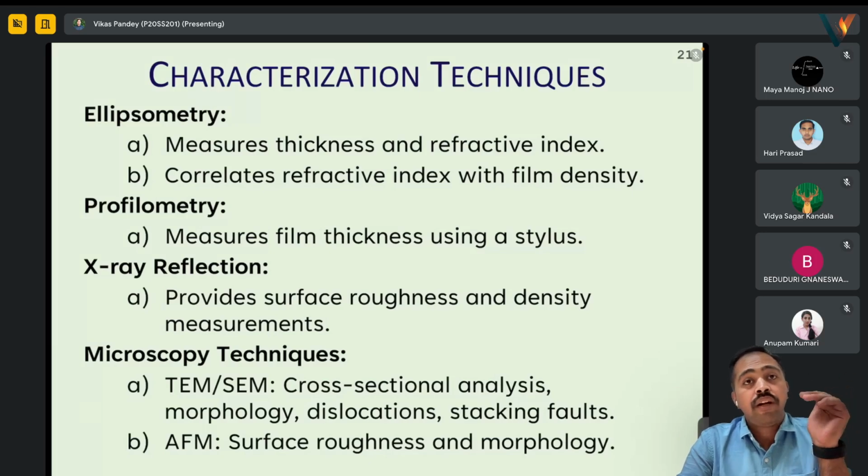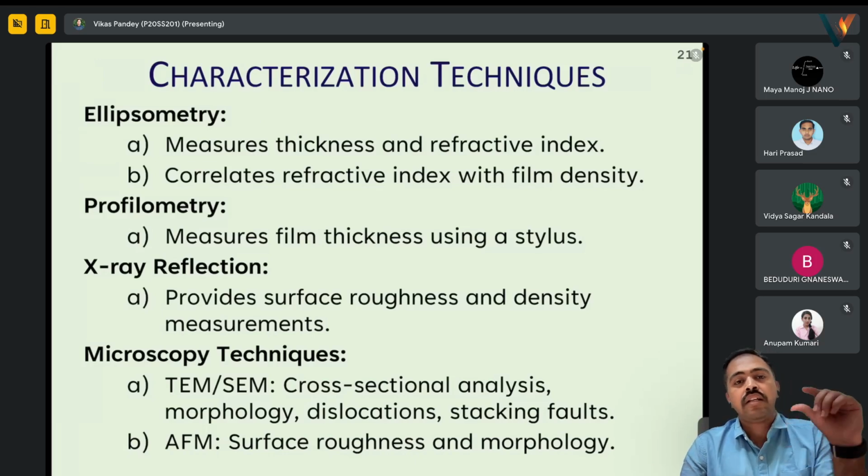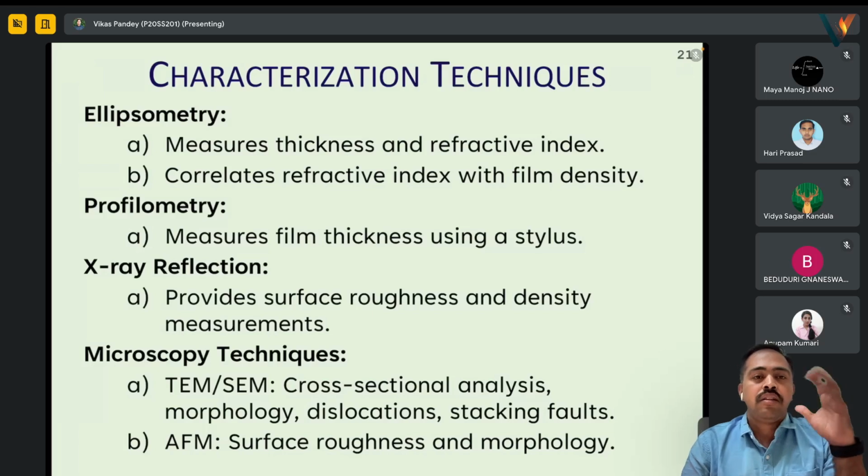And in fact, if you are continuously seeing these wafers, by seeing the color reflection, you will get an approximate idea how much oxide growth has been there, because as the thickness increases or decreases, the reflected color will also change a bit. Okay.